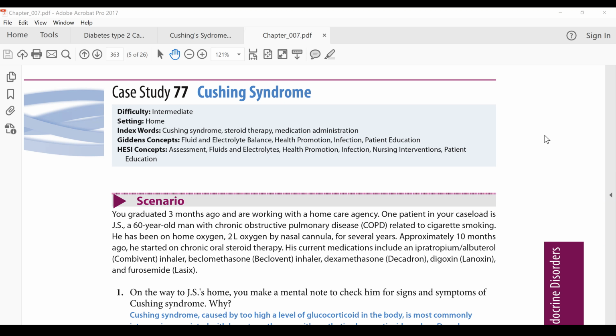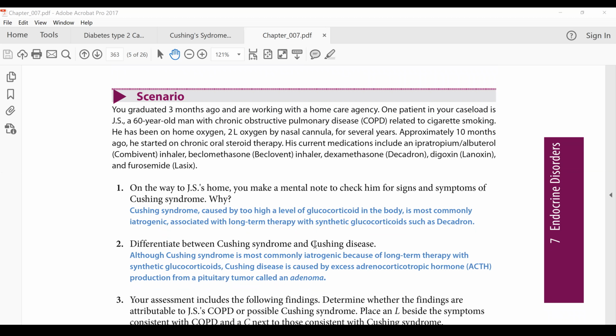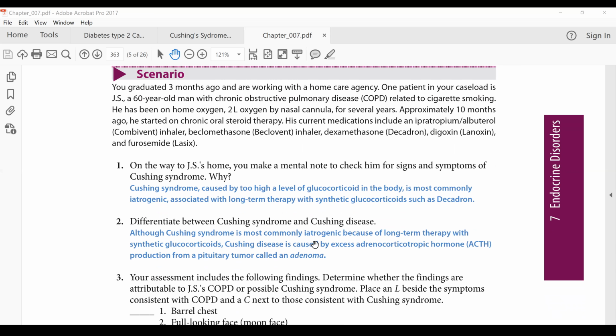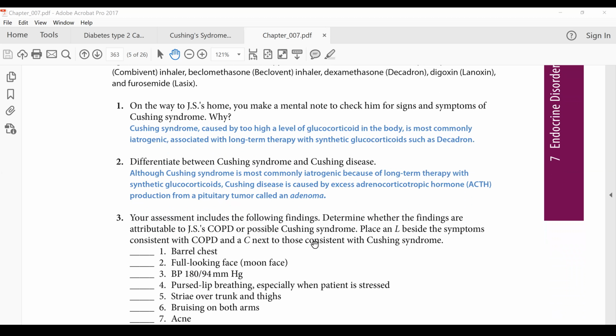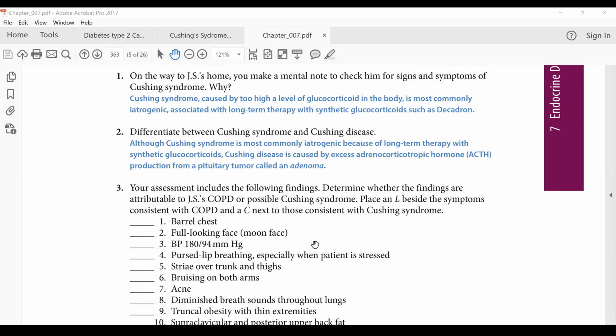All right, so your assessment findings show that JS has COPD or possible Cushing syndrome. So place an L beside the symptoms consistent with COPD and a C next to those consistent with Cushing syndrome. So there's 10 of them.